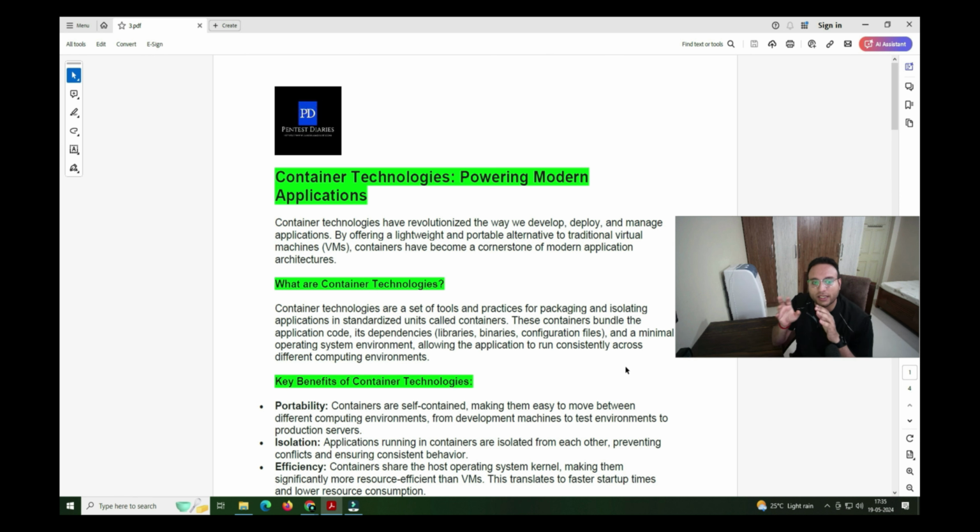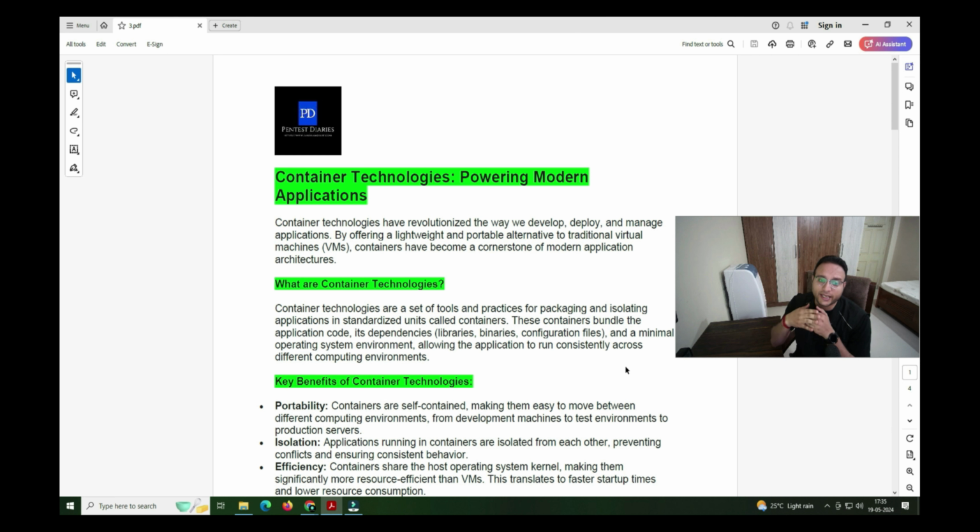These containers bundle the application code, its dependencies, libraries, binaries, configuration files, and the minimal operating system environment, allowing the application to run consistently across different computing environments. That's also one of the major reasons behind it. Container technology is most popular right now in the enterprise environment, as it utilizes a minimal hardware and operating system environment, and it utilizes the host kernel, which is shared between multiple containers.